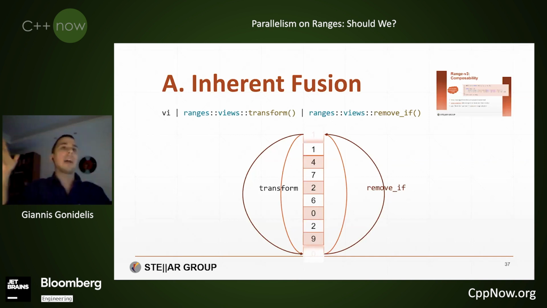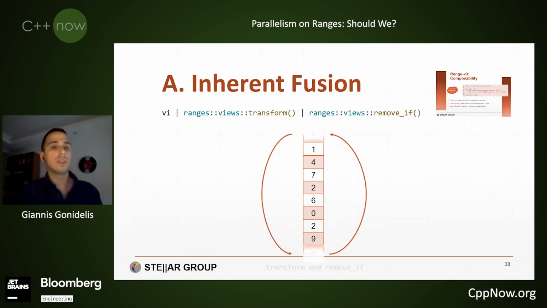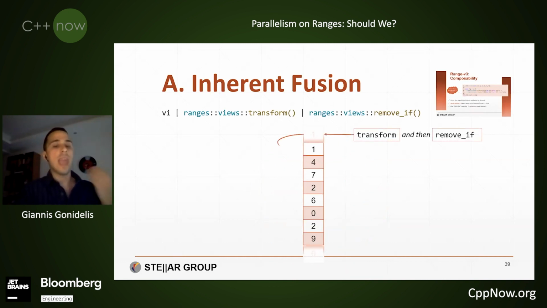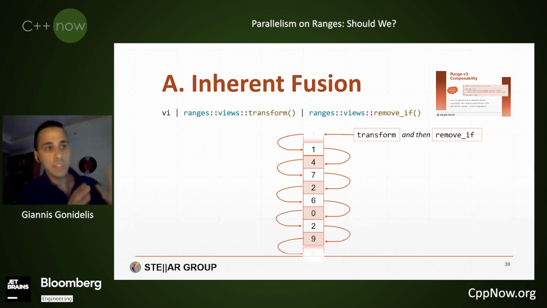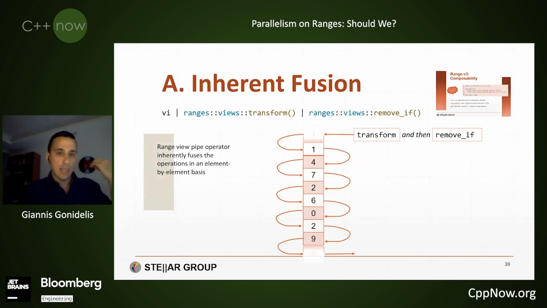So this great idea of Eric Niebler himself is that he fused the operations in a way that they would be applied on an element by element basis. This is extremely important. I can't stress this enough. You give a transform and a remove if operation. These operations are being fused and they are actually applied on an element by element basis.